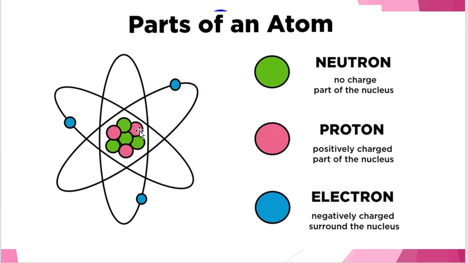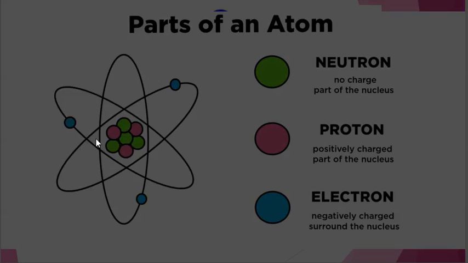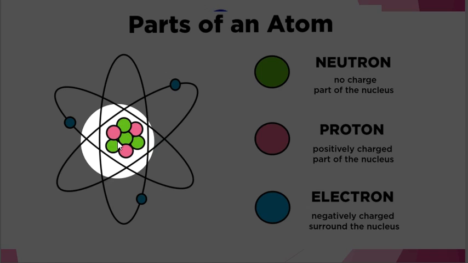In the atom, children, the central part, as you can see here, is called the nucleus of the atom. What is it called? Nucleus of the atom. You can write the word nucleus in your assignment copies right now. Just write it down. Nucleus. Okay. Now this is a new term introduced to you. Don't worry about these terms, because whatever is needed for you, we will be providing you with the information as well.